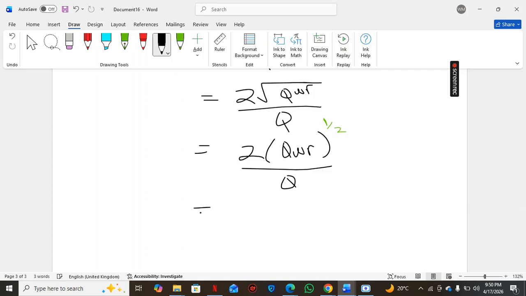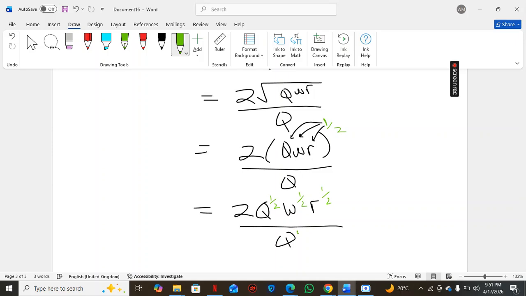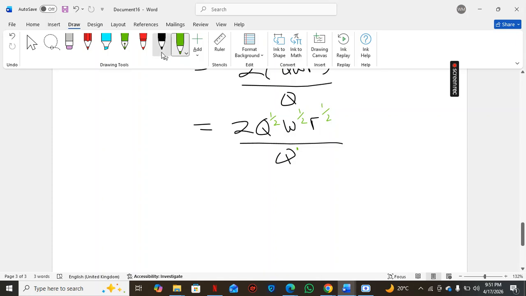All right. So what we can do is we distribute this half power to this Q here, this W here, this R here. So you have 2Q to the power half, W to the power half, R to the power half, over Q. This Q is to the power 1. So remember, when you're dividing indices, same base, Q to the power half divided by Q to the power 1, you're subtracting: half minus 1.